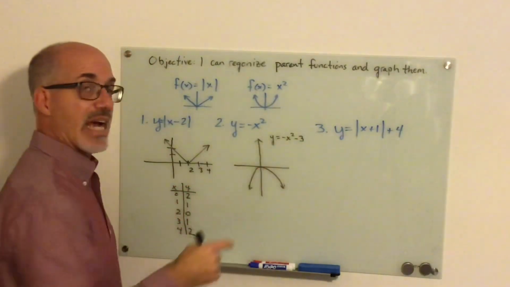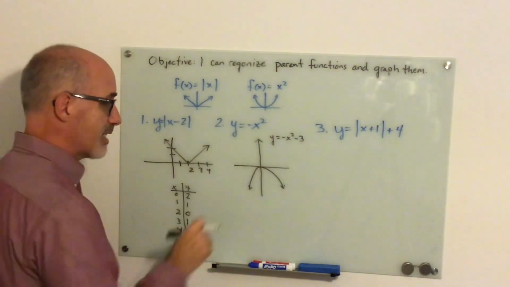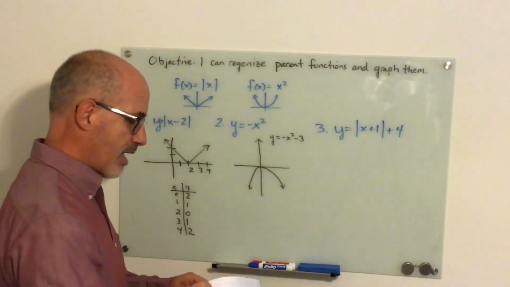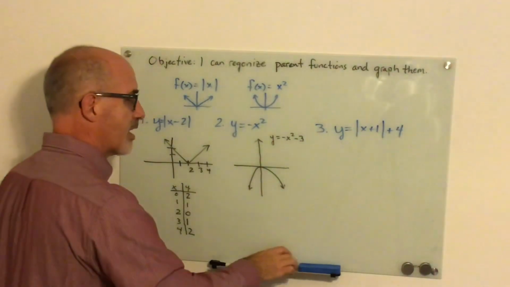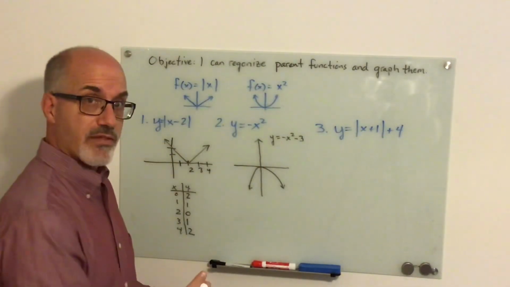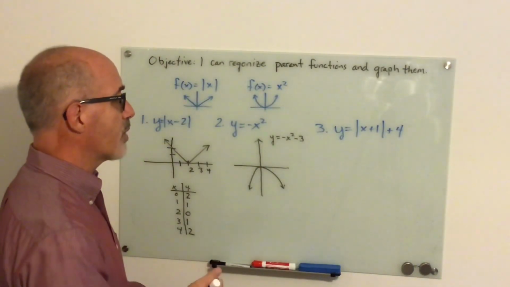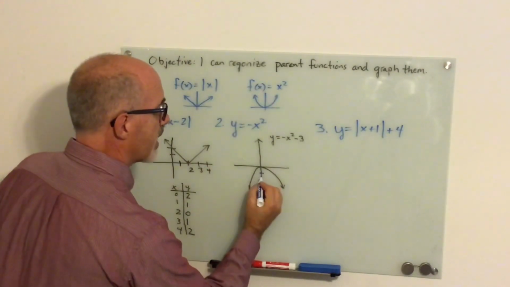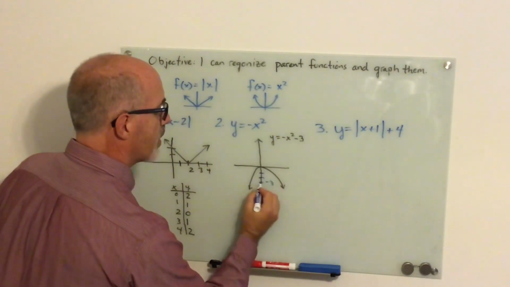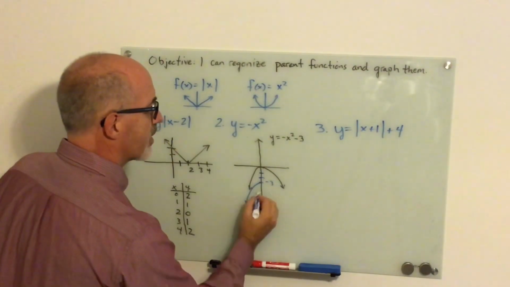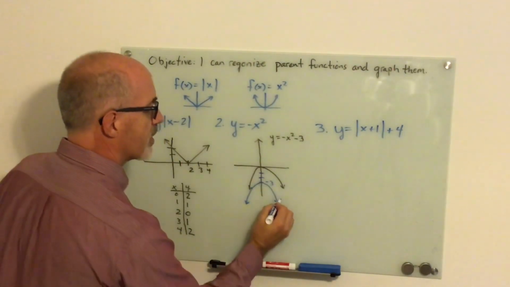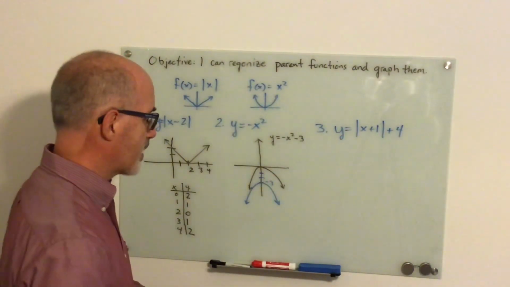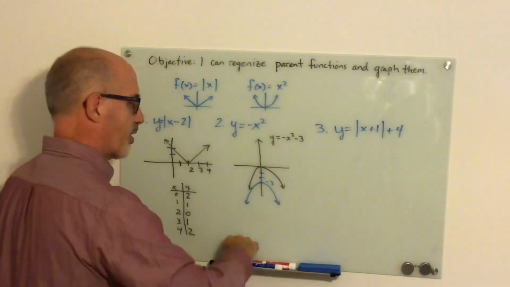Now that's on the outside. Instead of just being flipped over right there, it's going to flip over, but also move down 3 units. So down here at -3 is then the graph, moved down 3 units. Okay, so that's kind of a bonus as part of that.